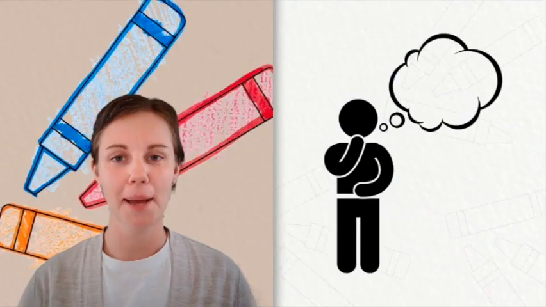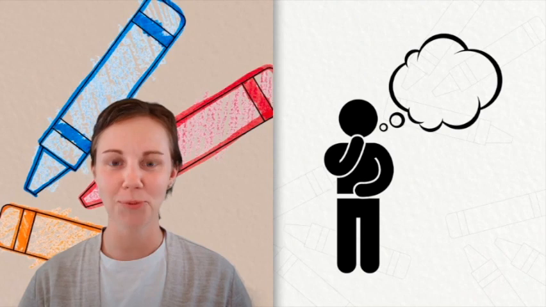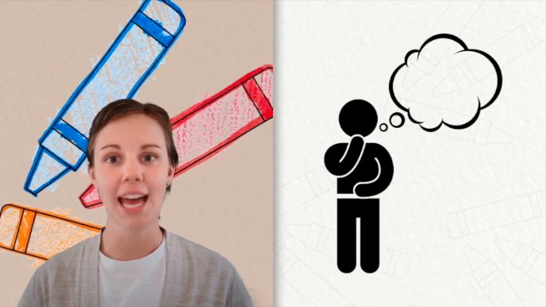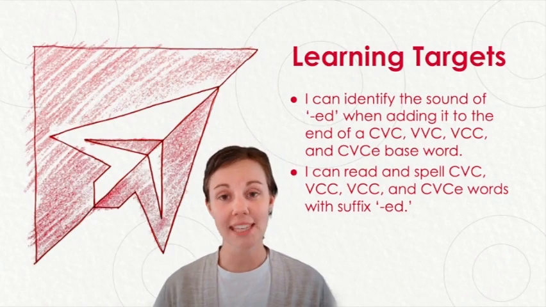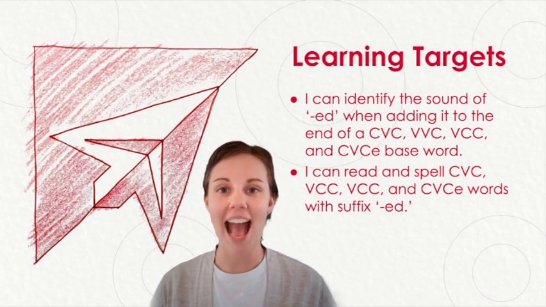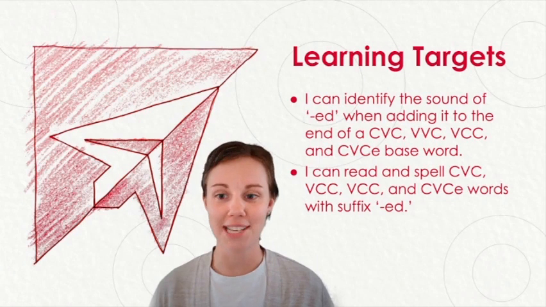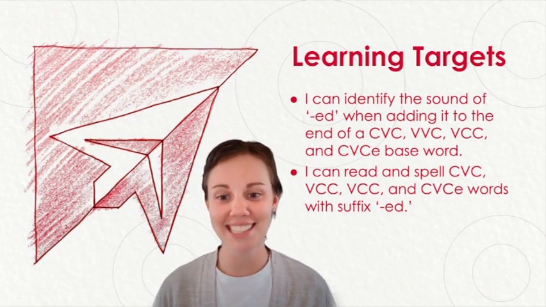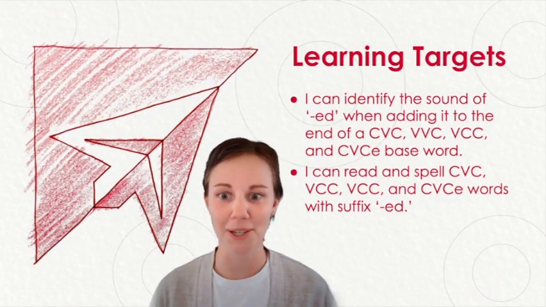Materials! Make sure you have your thinking cap on today. We'll be doing a lot of reviewing, and I want to make sure you're ready. Follow along with each learning target. I can identify the sound of ED when adding it to the end of a CVC, VVC, VCC, and CVCE base word.